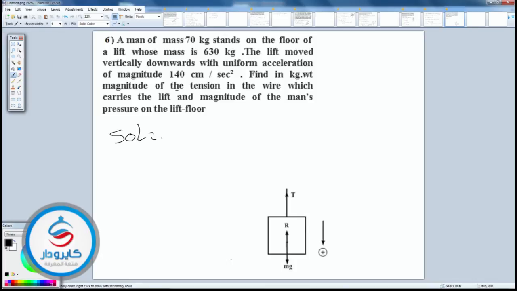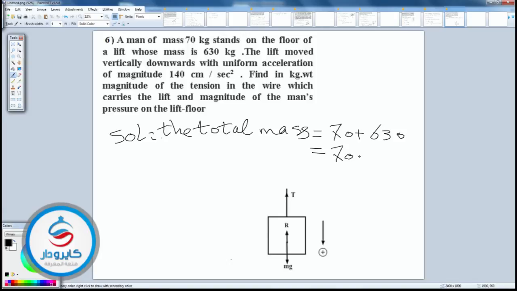The total mass equals 630 + 70 equals 700 kilogram.